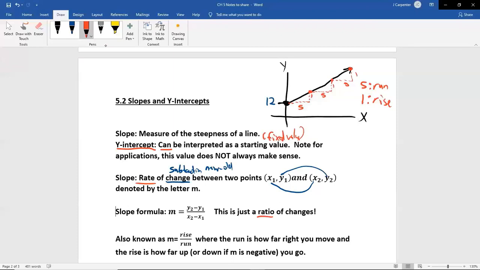When they start falling apart, that's when y-intercepts tend to stop making sense. And again, we will see this in great detail through guided activities, just not today. So y-intercept, starting value or fixed value.